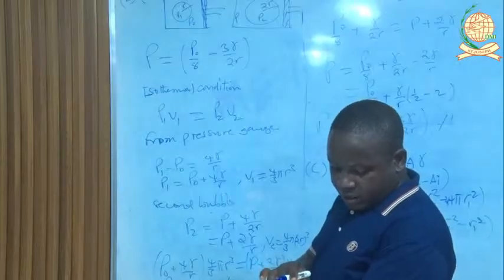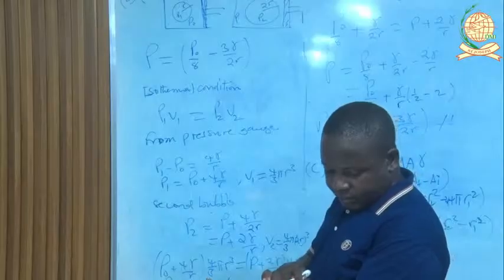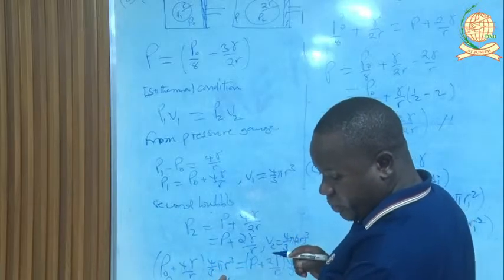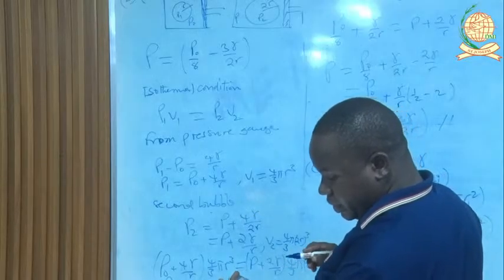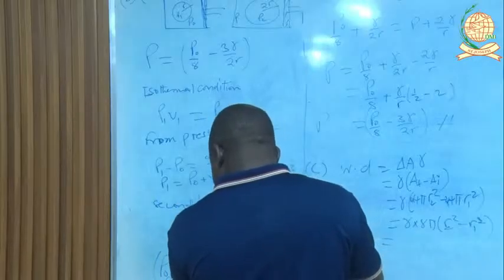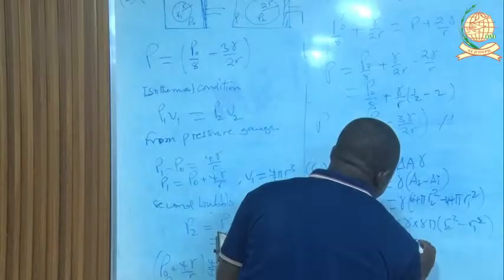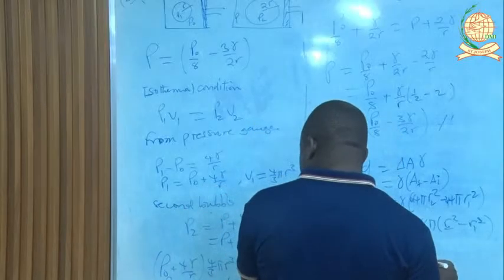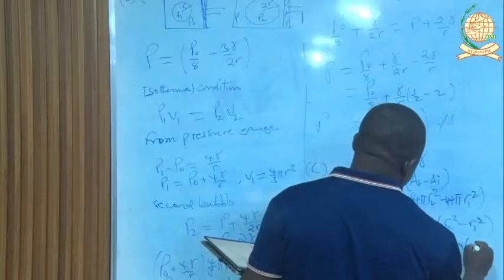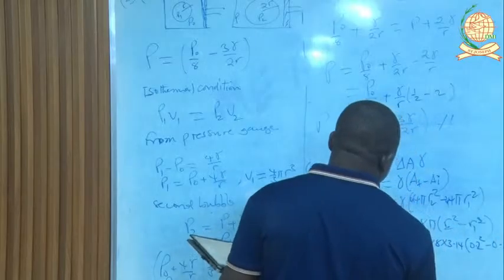Surface tension of a slope is 0.032 times 8 times 3.14, times 0.2 squared minus 0.1 squared. After that, you get your work in joules.